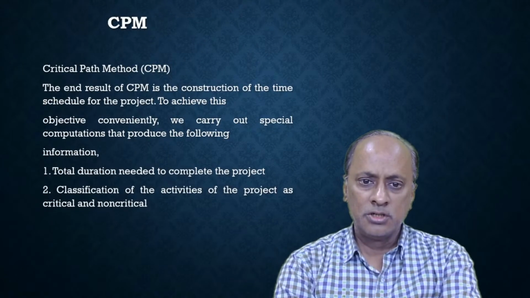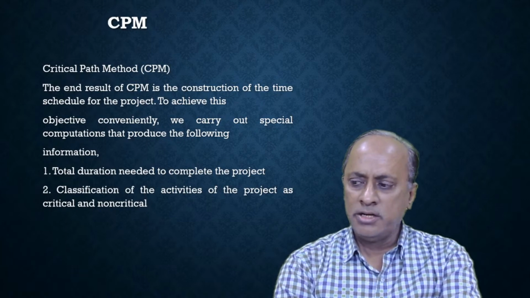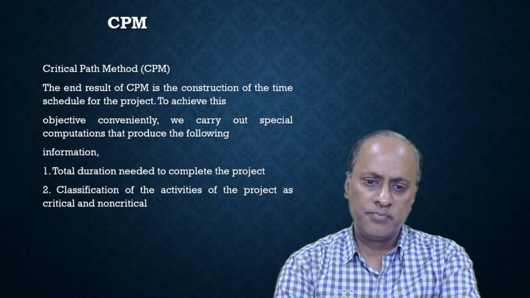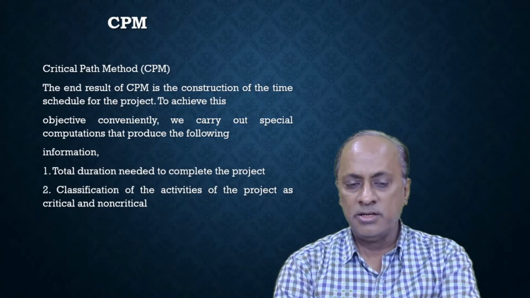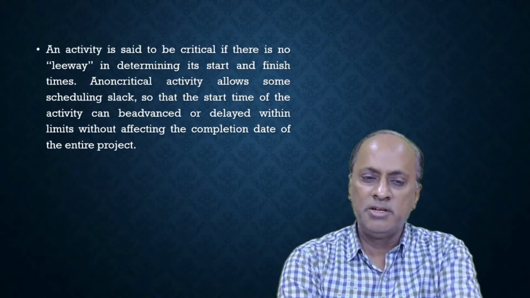One is CPM. CPM is the construction of the time schedule for the project. So what do you calculate here? We calculate the total duration needed to complete the project. And CPM allows us to classify the activities into critical and non-critical activities. What are critical activities?